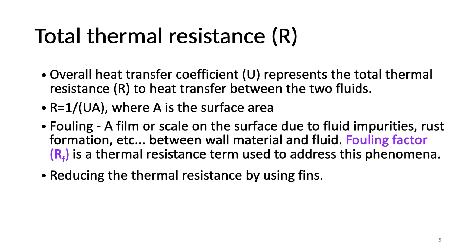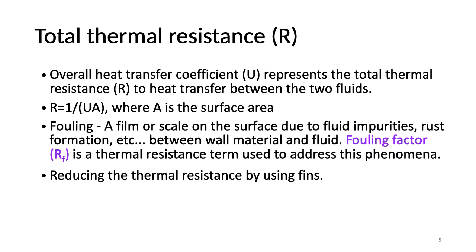Next, we look at the total thermal resistance R. The overall heat transfer coefficient U represents the total thermal resistance to heat transfer between two fluids. Thermal resistance is given by 1 divided by UA, where A is the surface area of the heat transferring surface. And what is fouling?